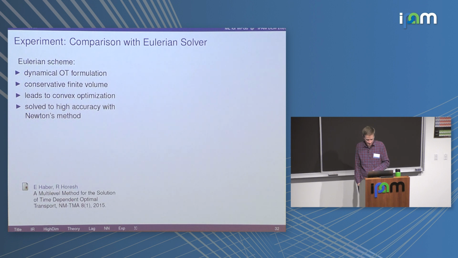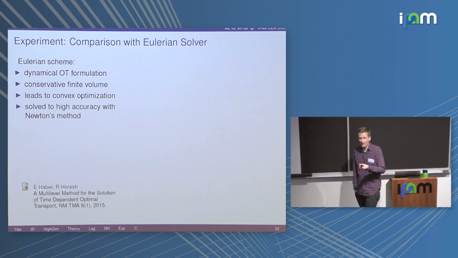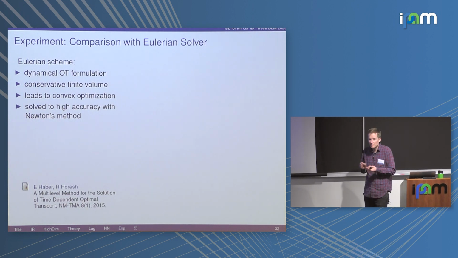Then here is a quick comparison. I showed you some nice pictures, but maybe a question to ask is, if I'm in 2 dimensions, I have plenty of options to solve this problem. How well do we compare against those schemes? So here is a Eulerian solver. That is a very almost textbook kind of approach.